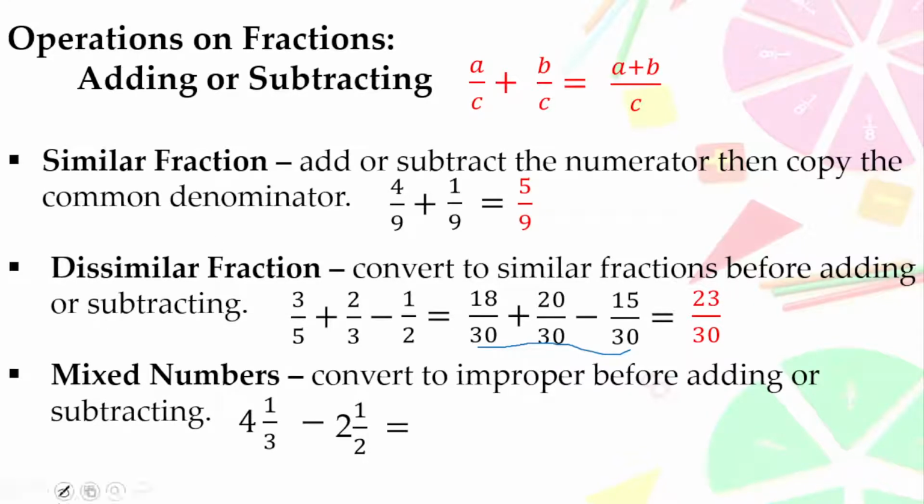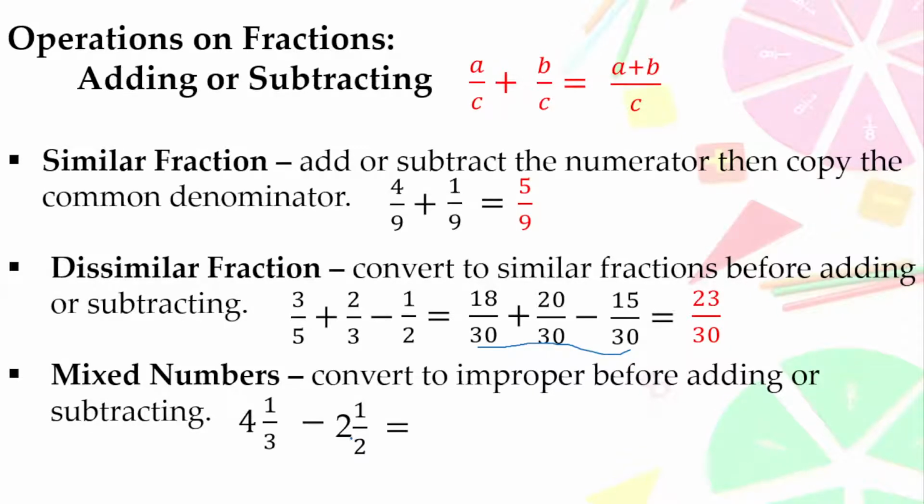So, next naman po is mixed numbers. Okay? So, first, we need to convert to improper before adding or subtracting. So, kailangan po muna natin gawing improper fraction si 4 and 1/3 and 2 and a half before proceeding to adding or subtracting.